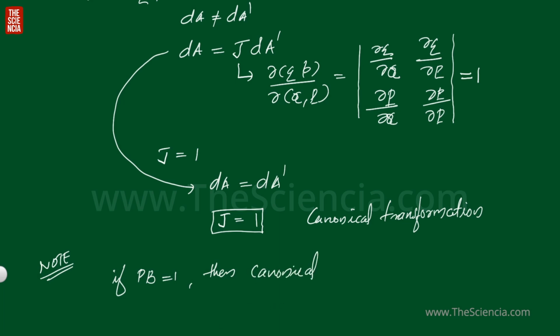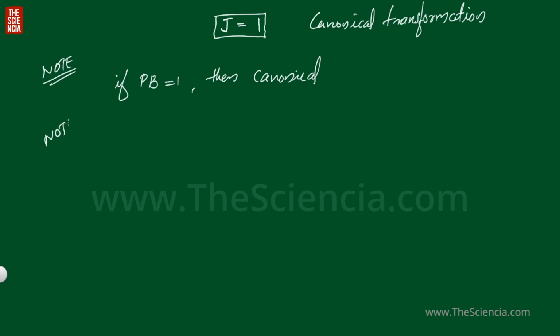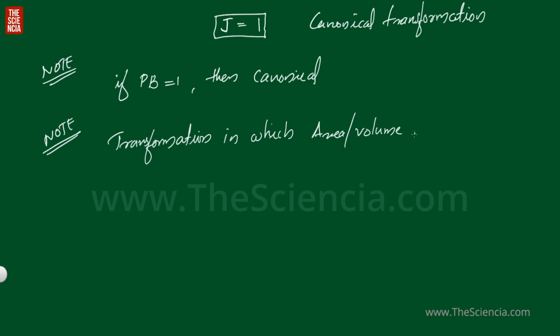Okay. Note 2. The transformation in which area or volume is preserved, such a transformation is called canonical transformation.